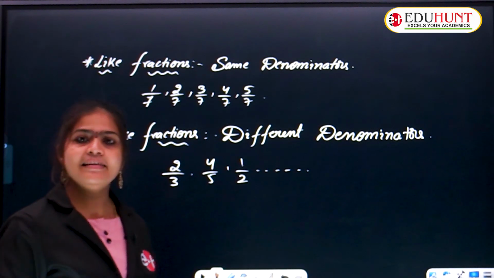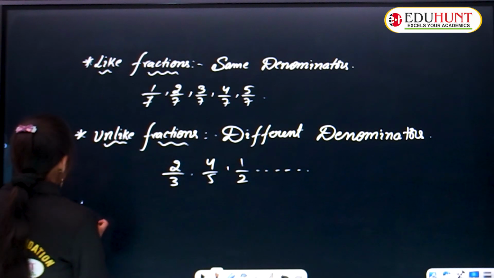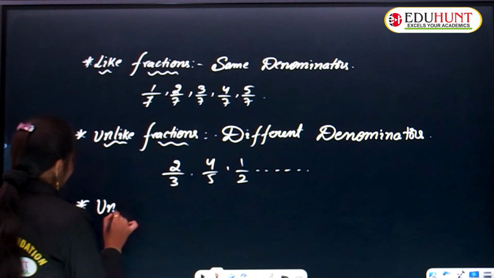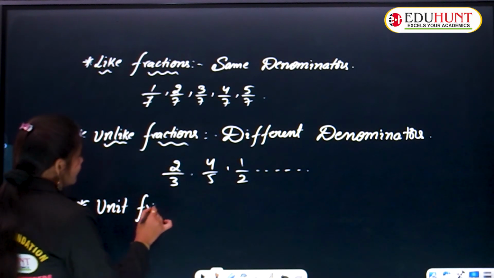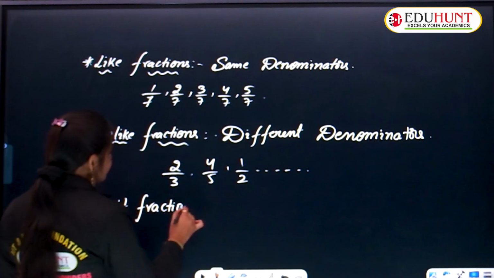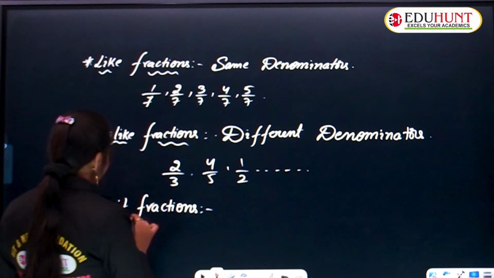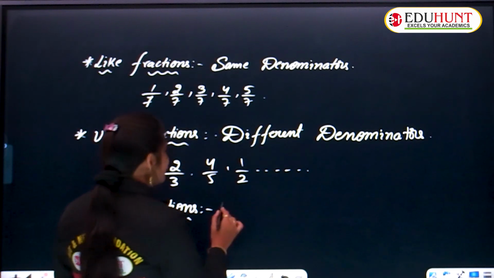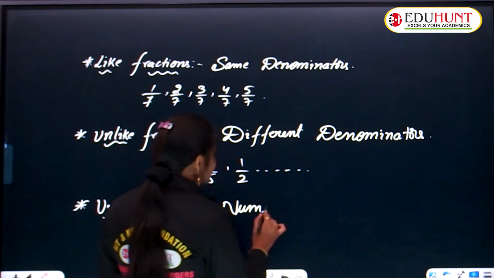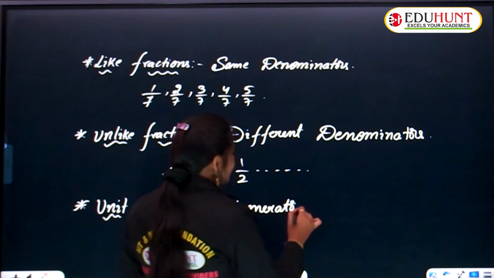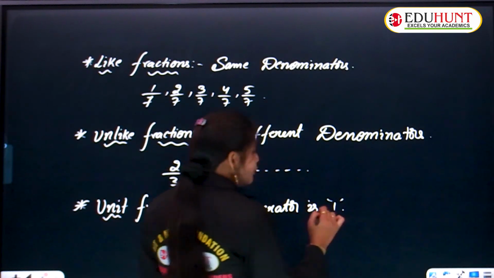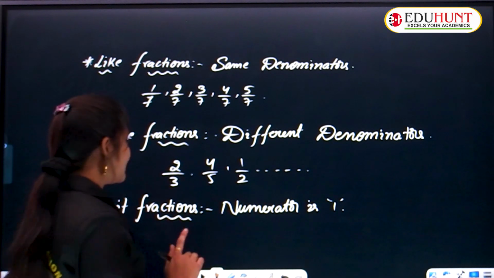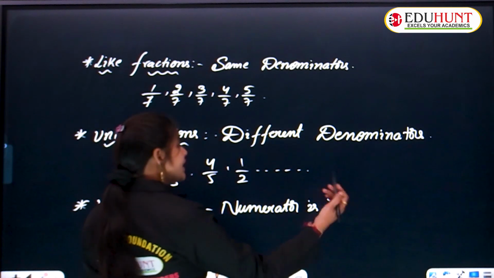Understood? And in the same way we have unit fractions. A unit fraction means the numerator is 1. Unit means 1 only, no, we will consider it as 1. So that's why the numerator is 1.